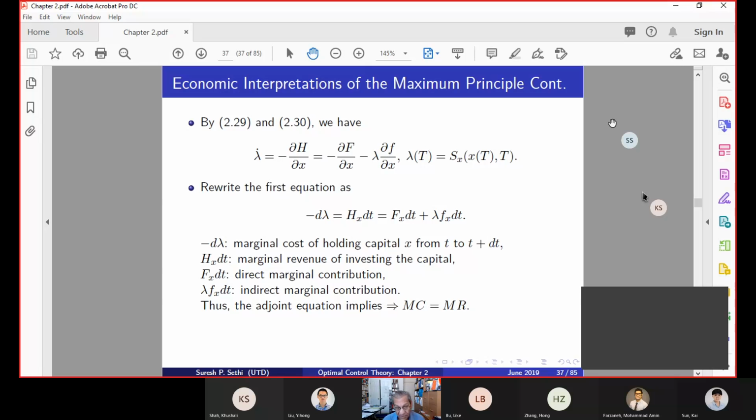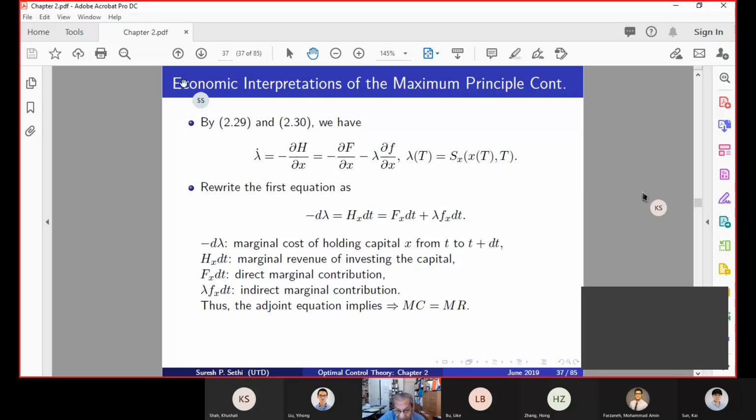Okay, so the cost will be minus d lambda, holding the capital. That means if the share goes up by, let's say, 10 cents, then the cost of holding the share is minus 10 cents because you're getting a gain. If the share goes down, the cost is plus 10 cents. Okay, so the cost is minus d lambda. That is the marginal cost of holding the capital.